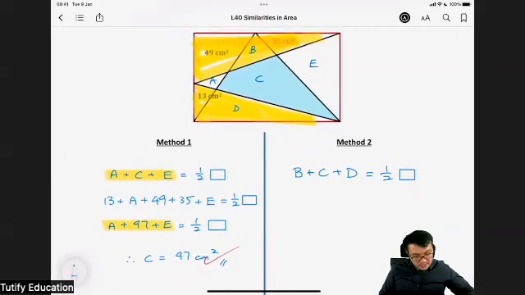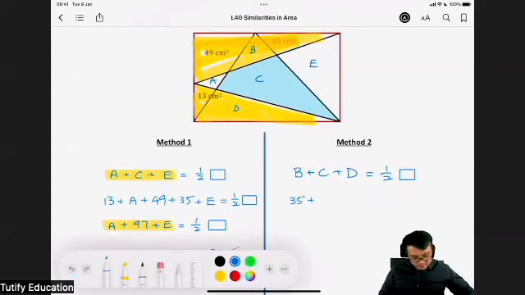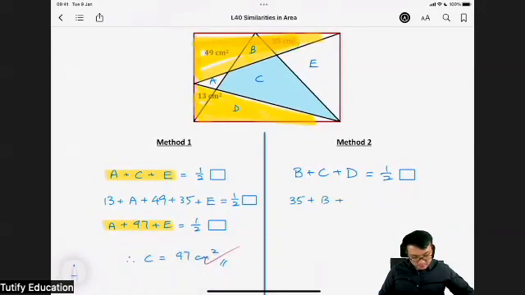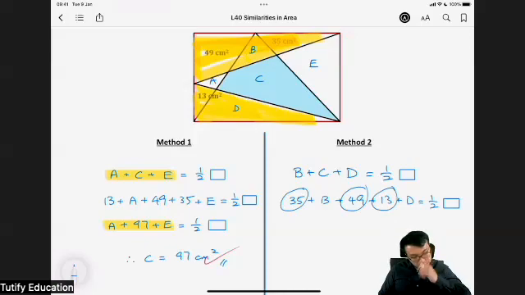Can you tell me what is inside the yellow parts? Inside the yellow parts are 35 plus B plus 49 plus 13 plus D equals half. Yes, correct. So we take 35 plus 49 plus 13. We will get 97.